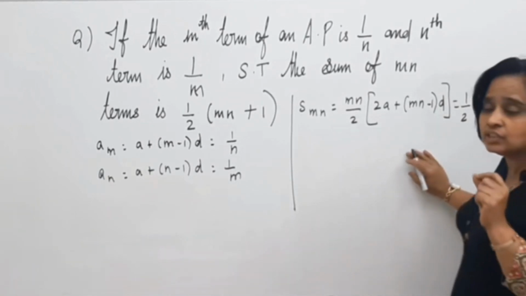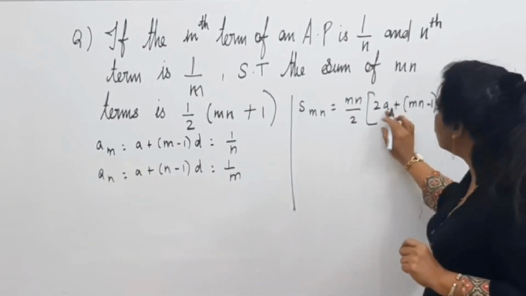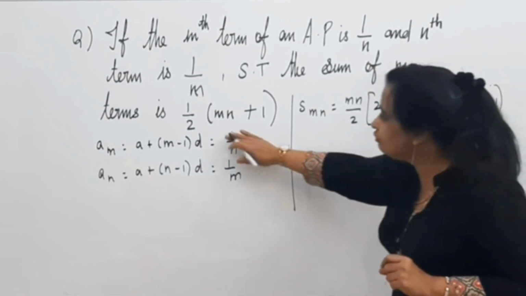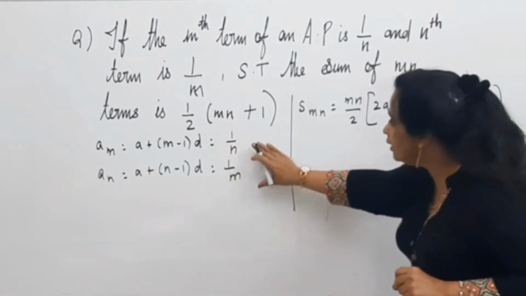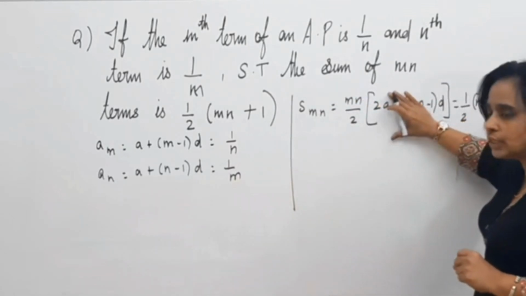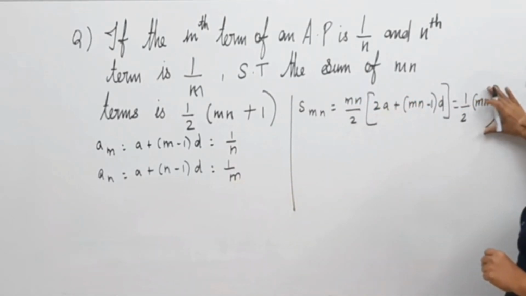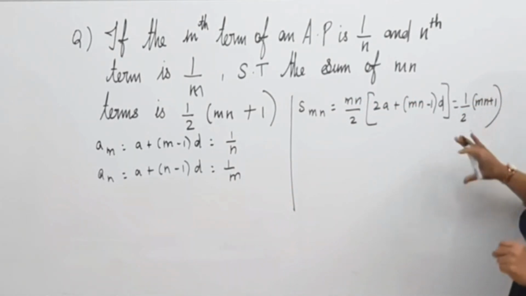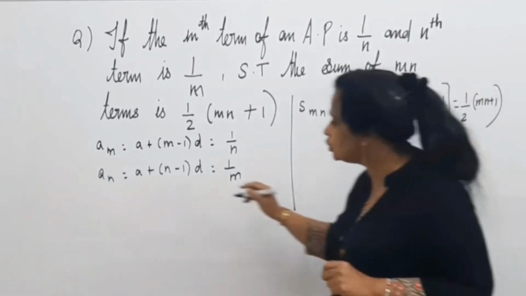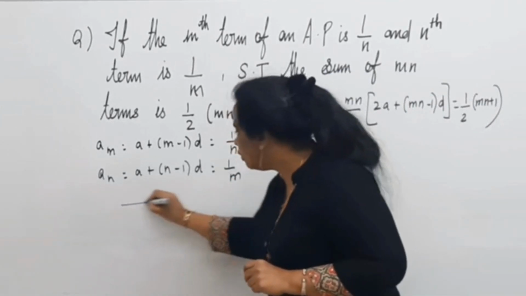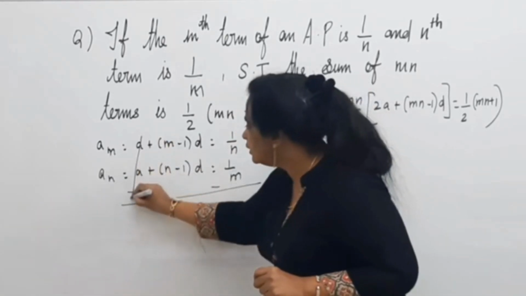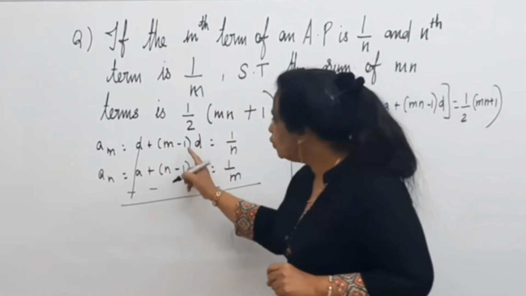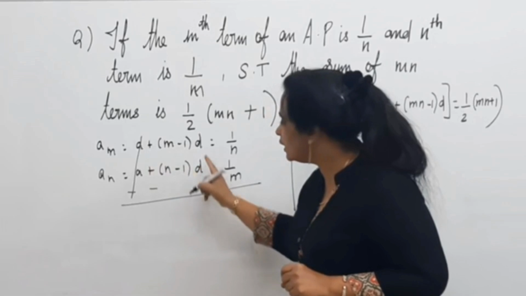So to prove this, children, always keep in mind, you have to find A and D from the given condition. Find A and D, go and substitute in that, and you get the given value. So I have to solve these equations. So minus, minus, this gets cancelled. Now you will have minus D plus D gets cancelled.